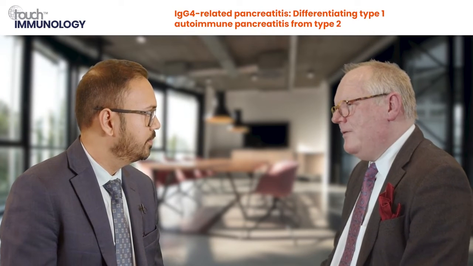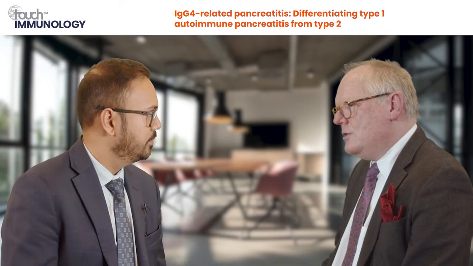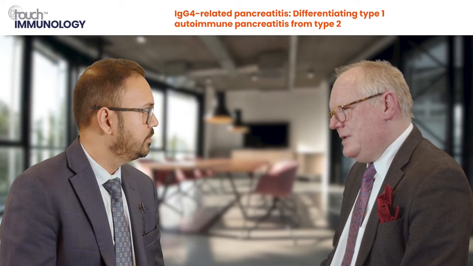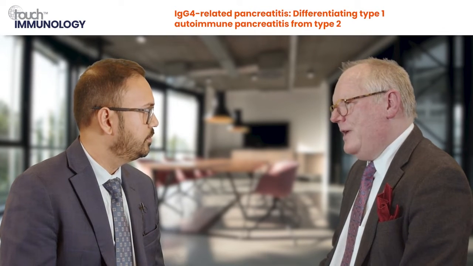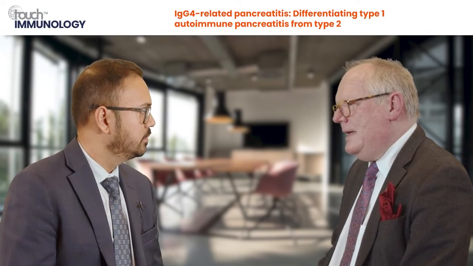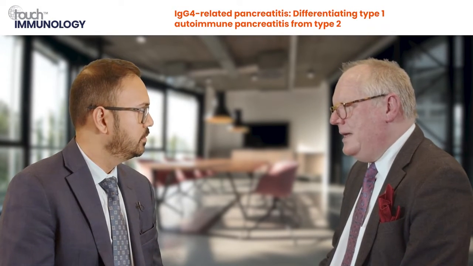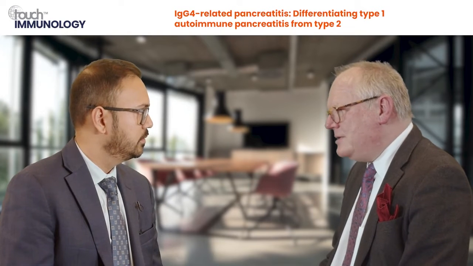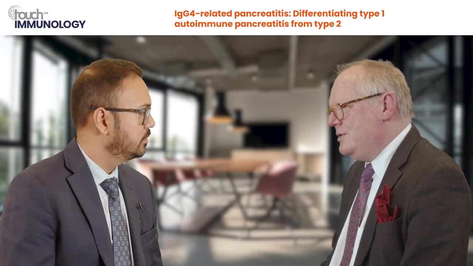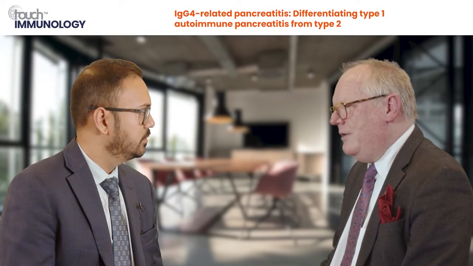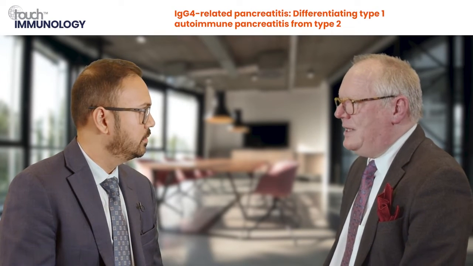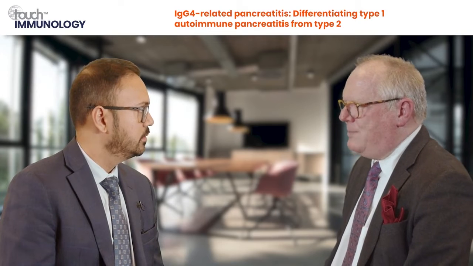Yes, stemming from the Honolulu consortium, we looked retrospectively at that, and there's also a prospective study from Japan which shows there are malignancies associated with autoimmune pancreatitis. Now, interestingly enough, the number one hit is not pancreatic cancer but gastric cancer, and there is maybe some rationale to that because it has been shown that there is a molecular mimicry between autoantigens in the pancreatic gland and H. pylori.